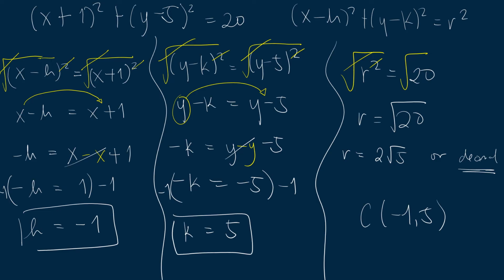I will allow you to write your final answers in decimal format or in radical format. But we can write here 2√5 as your radius. Don't forget the units.